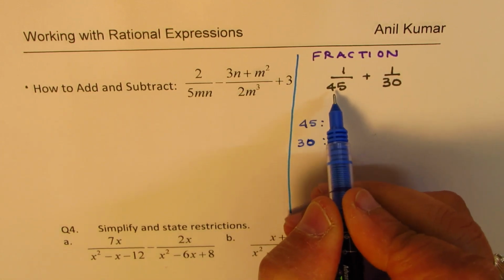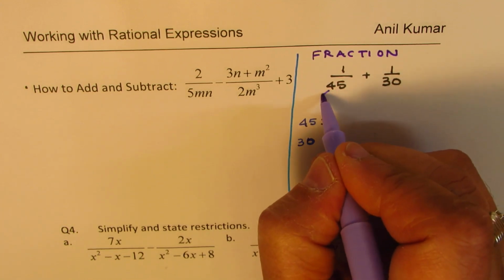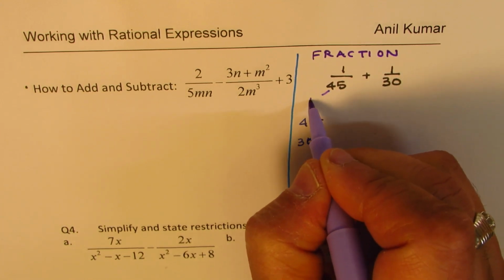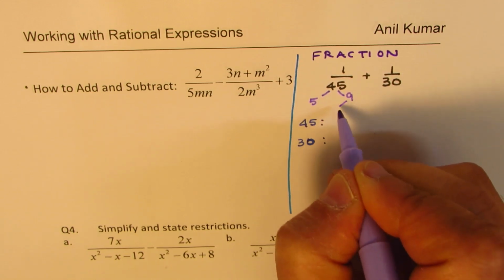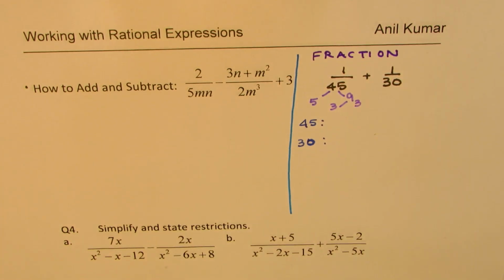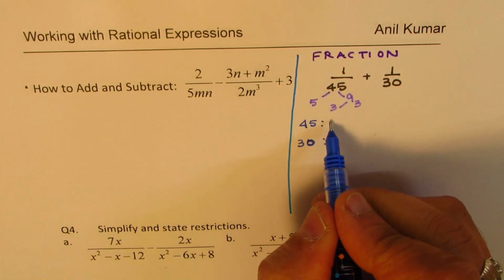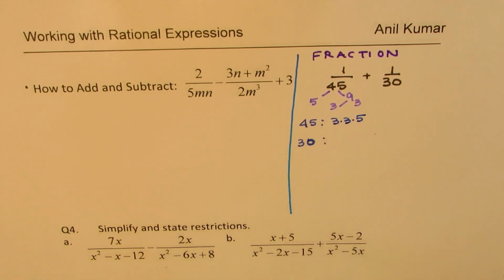To get the factors of 45, we at times will do prime factorization, especially when there are big numbers. So we say this is 5 times 9, and 9 could be factored as 3 times 3. So once we do that, we know 45 could be written as 3 times 3 times 5.